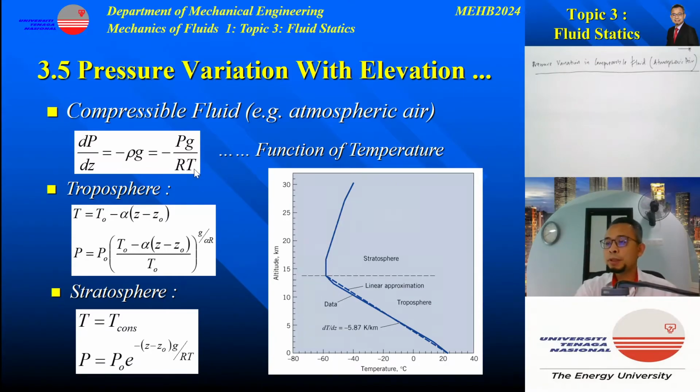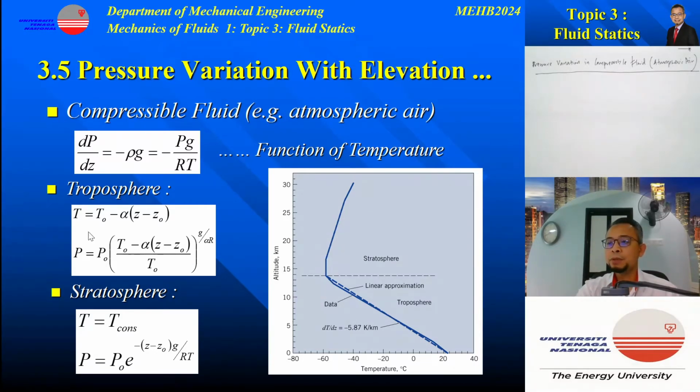In order to integrate this equation to find out how P varies with z, we need to know how, for example, the temperature varies with z. In the atmosphere, we can divide the atmosphere into two parts. First, between 0 and about 15 kilometers is the troposphere, where the temperature varies linearly with z.